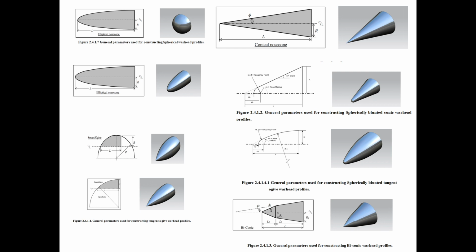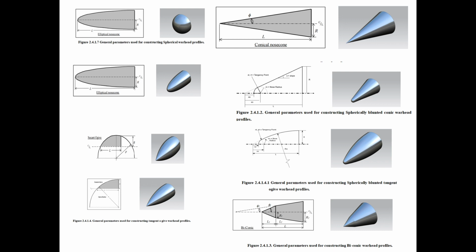Then on the right side top, it's a cone, then spherical headed cone, blunted conic, then blunted ogive, then bicone. Like that, there are many more warhead types which I have designed myself by taking the coordinates.